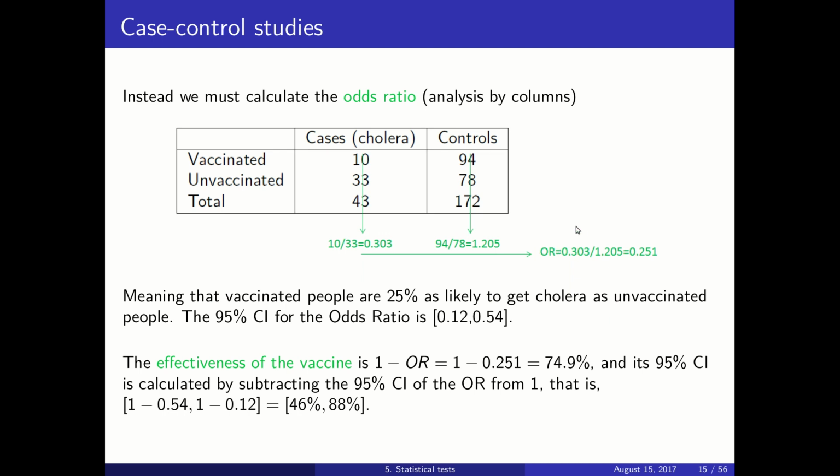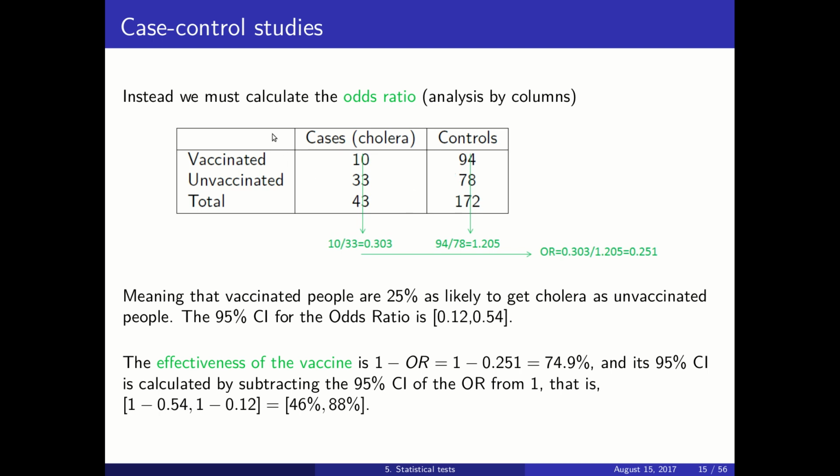So if now we analyze it by columns, you can still choose the number of controls, but what you cannot choose is whether they have been vaccinated or not. So now the denominator is not affected by your choice.